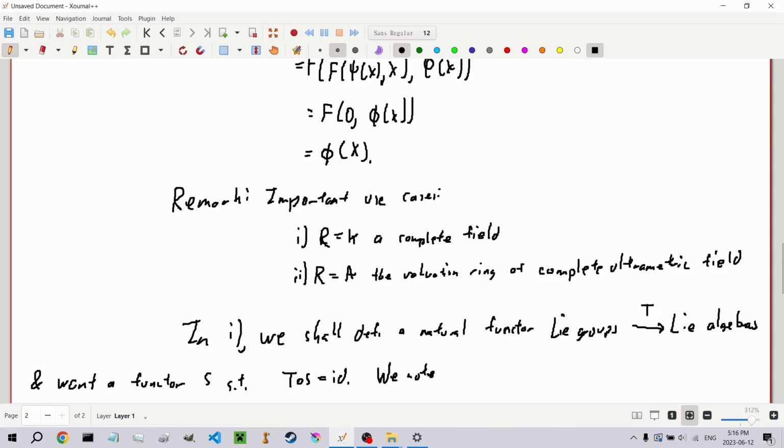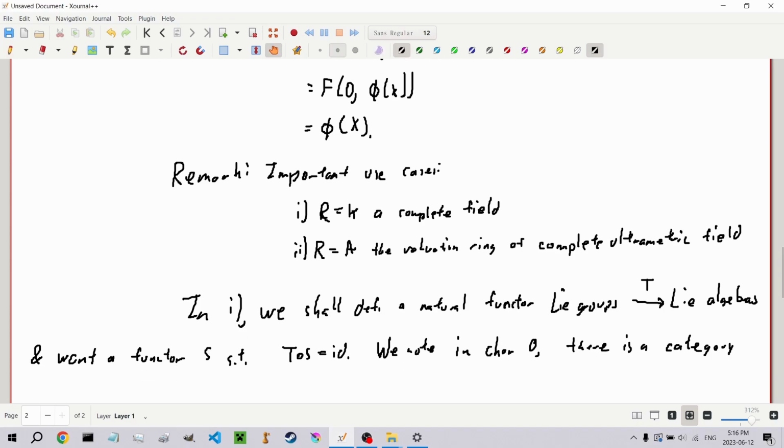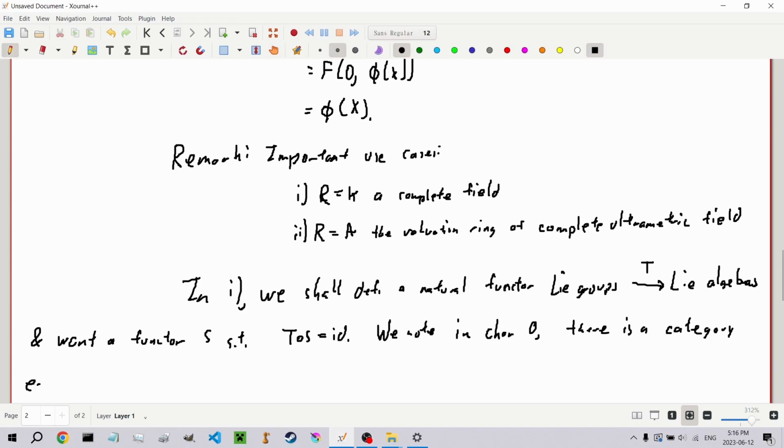We note that in characteristic 0, there is a category equivalence between Lie algebras and formal groups.